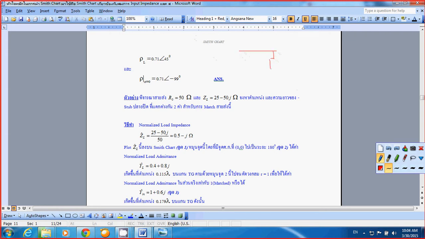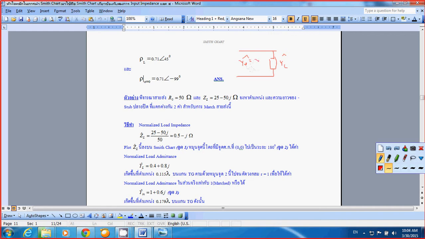You have your ZL connected to the transmission line with the characteristic impedance Z0. Now I'm going to talk about the admittance system. So I'm going to talk about YL normalized here, and you have a Y0 here. And what is your Y0 normalized?